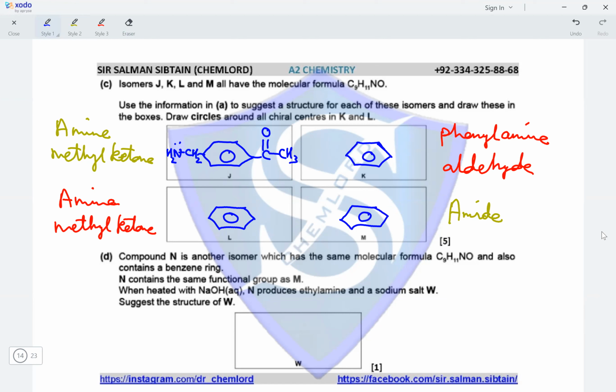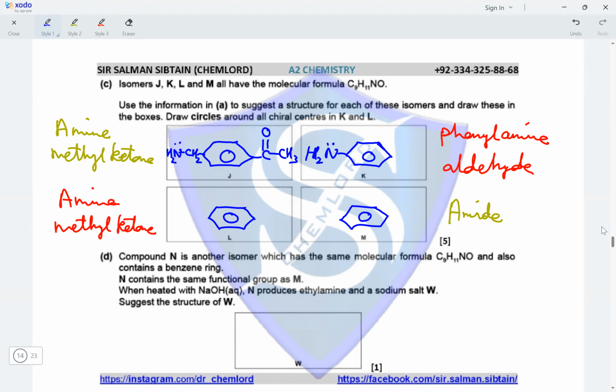For K, we've got phenylamine. So one of the ends would have an NH2 group directly attached to it, making it a phenylamine. And then we've got an aldehyde group. So now the rest of the molecule will contain three carbon atoms.